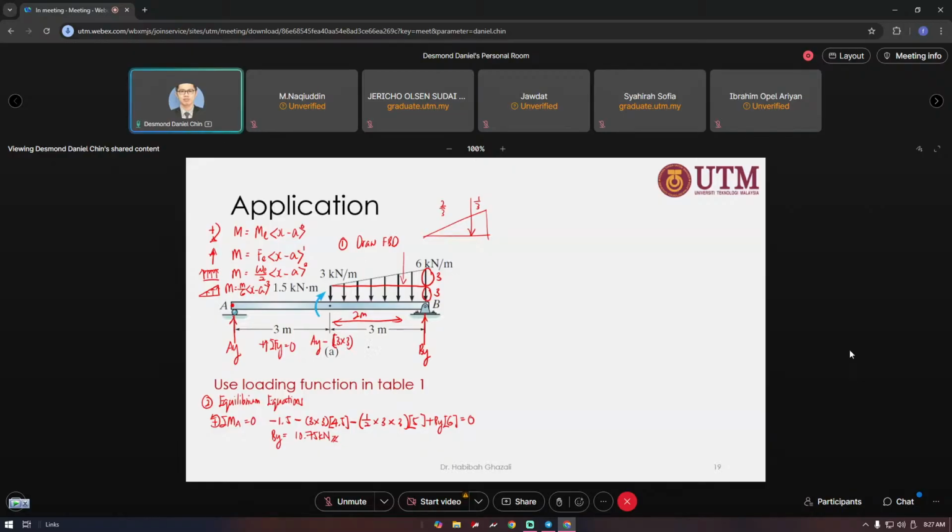Minus the triangular loading, 1 over 2 times 3 times 3. And then plus By, which is 10.75, equals to 0. So my Ay, I will get equals to 2.75 kilonewton. Can you get this value? Yes. Okay, good.